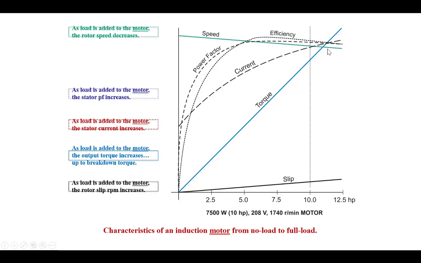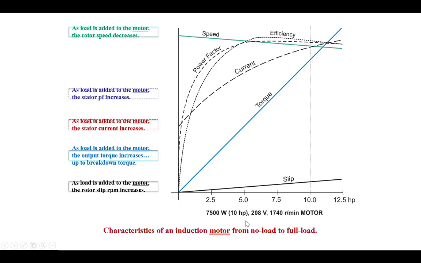And this is another good place to point out something you should always ask yourself when we talk about power factor and efficiency: when is a motor going to be working at its very best? It is designed to operate with all factors at their very best at the rated horsepower of that motor.